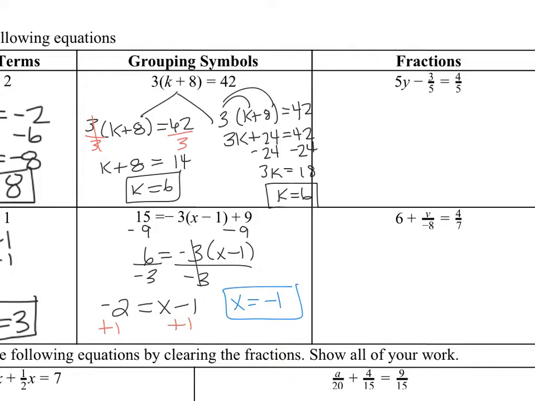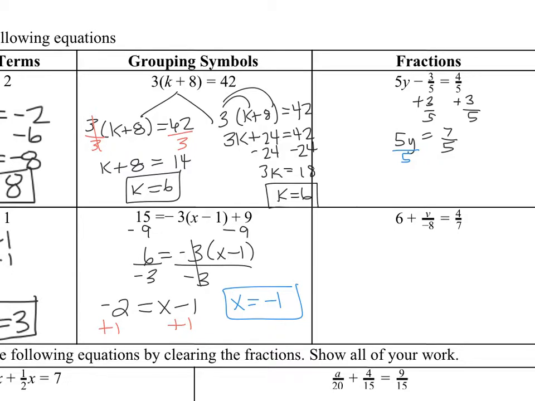Okay, now with fractions, I'm going to show you a technique if there are multiple fractions. In this case, there are just a couple fractions, so I think the easiest thing to do would be to get rid of this by adding 3/5 to each side. So now you have 5y equals 4/5 plus 3/5, which is 7/5. We still need to get rid of the 5, so we're going to divide both sides by 5.